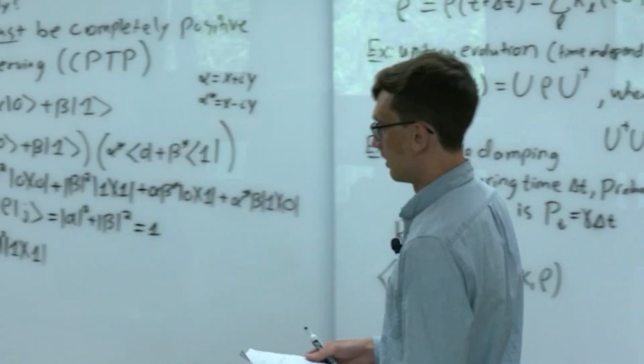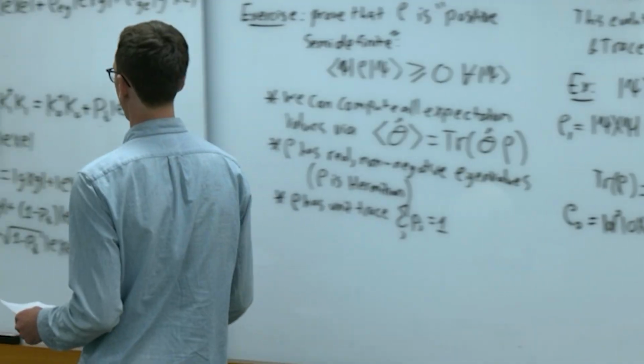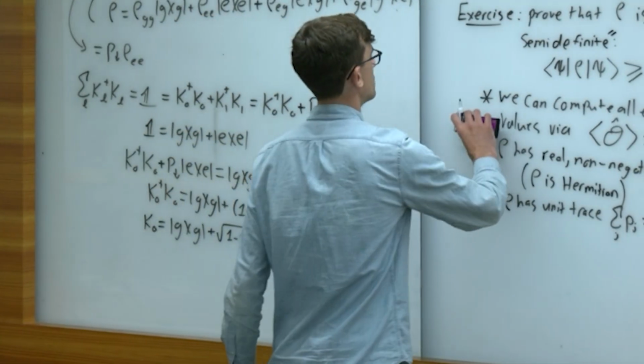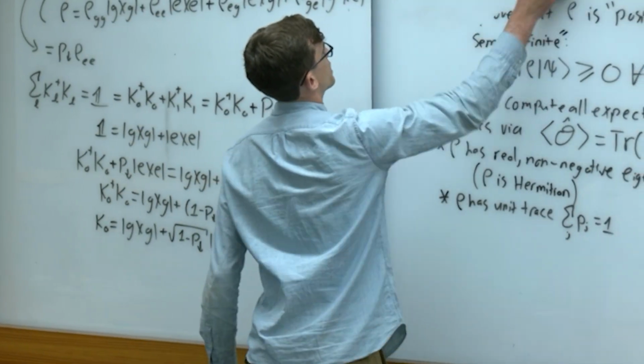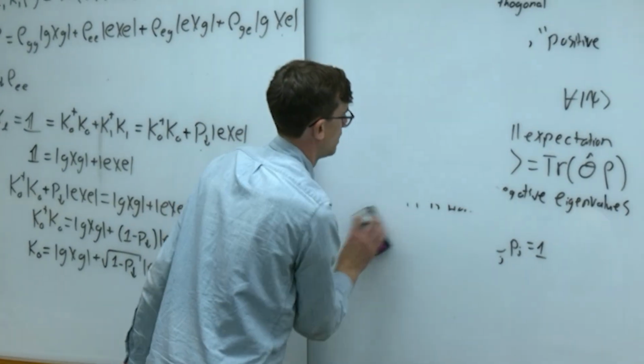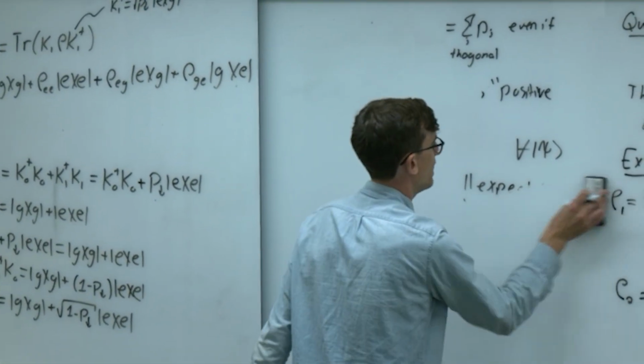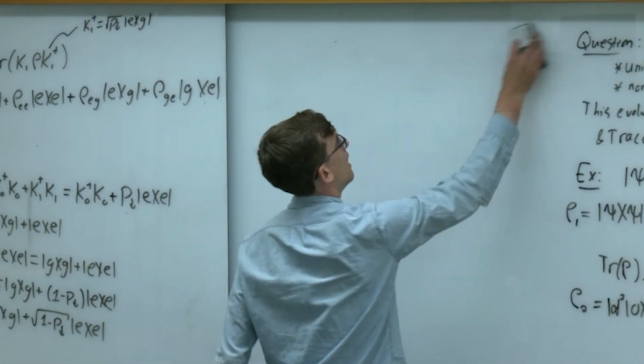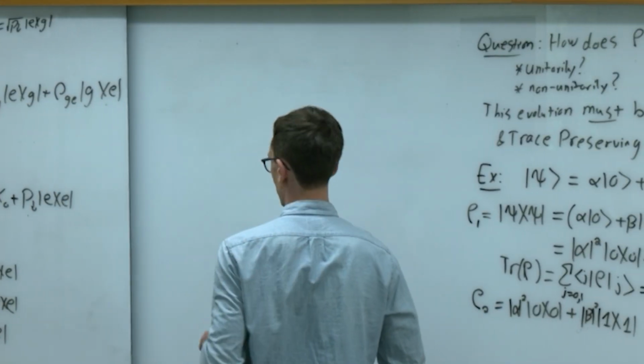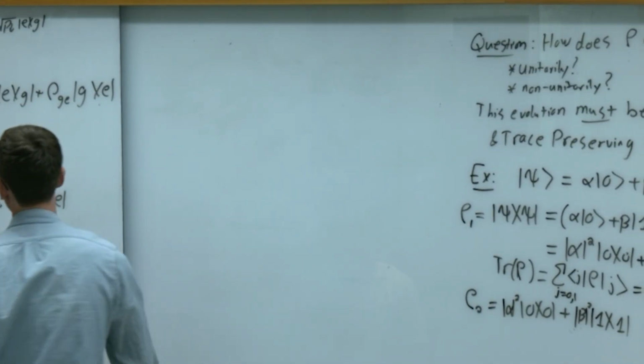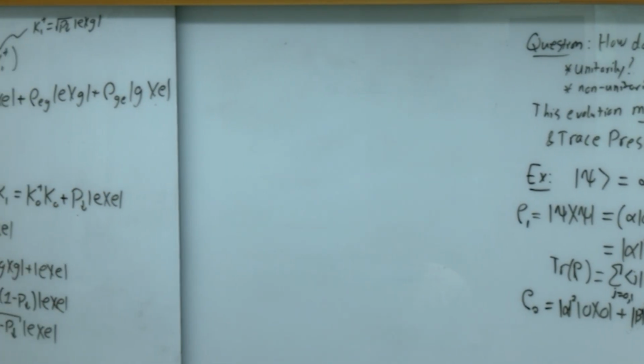Cool. So let's use these Kraus operators now. Maybe this will be more clear once we write down how the density matrix evolves. So how does that density matrix evolve as a function of time under the action of these Kraus operators?